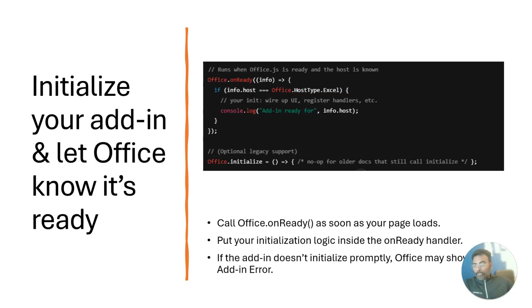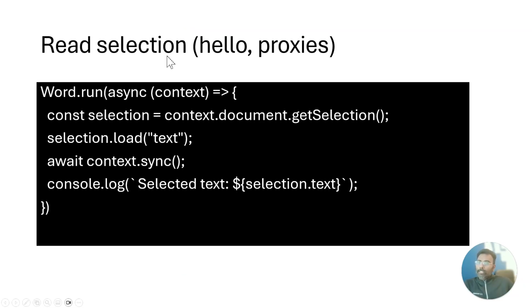So first and foremost, as I told you, initialization of the Office add-in. Office.onReady is the method that actually initializes the add-in, and it is loaded as soon as the page loads. So let's go ahead and see a few examples.